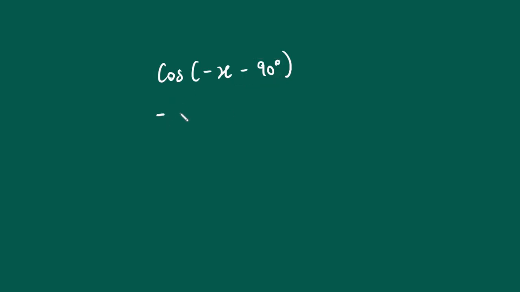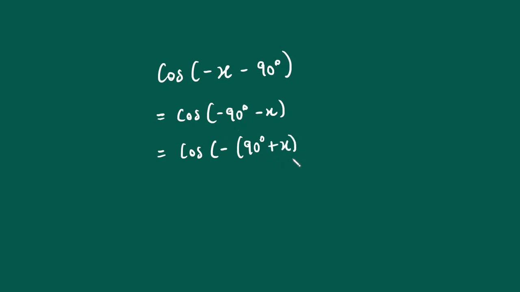So you might want to start first by rearranging so that you have negative 90 degrees minus x. Then from there, remember, you're going to write cos, then you write the negative outside. Then you say negative times negative is positive, so you're going to have positive 90, and then negative times negative is positive, so you're going to have positive x.